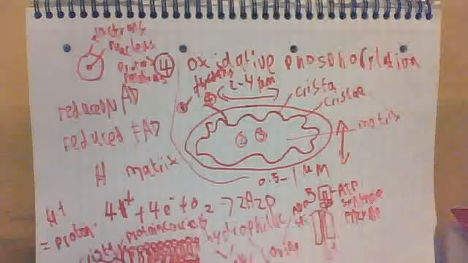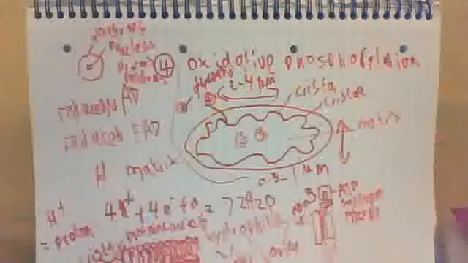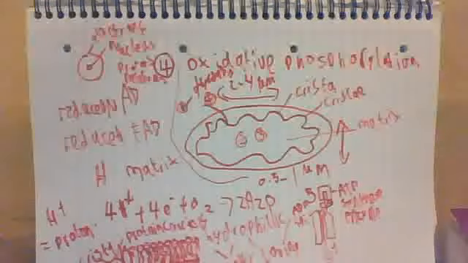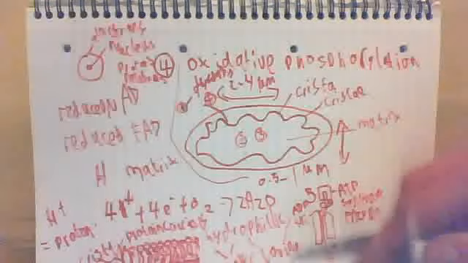Basically, the reduced NAD gives up its H atoms, which then split into ions and electrons, and oxygen comes from the area around in general. What these do is they are used to produce ATP again. So this whole process is used to make some more ATP.